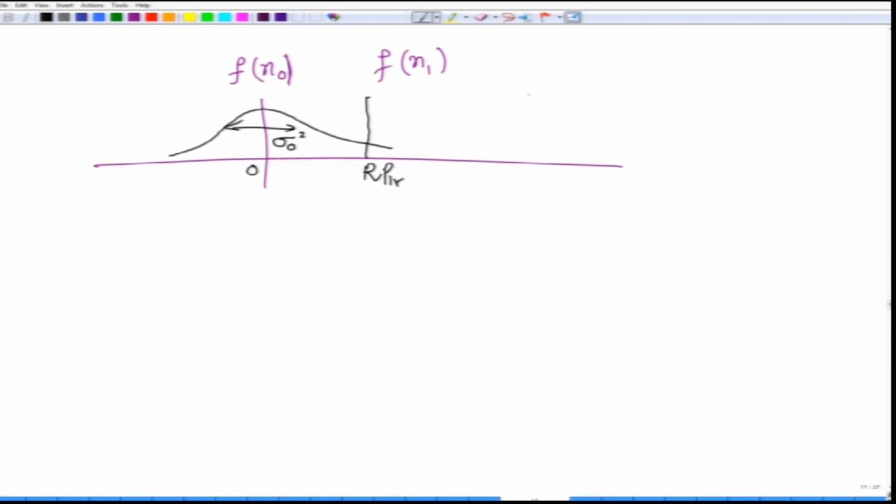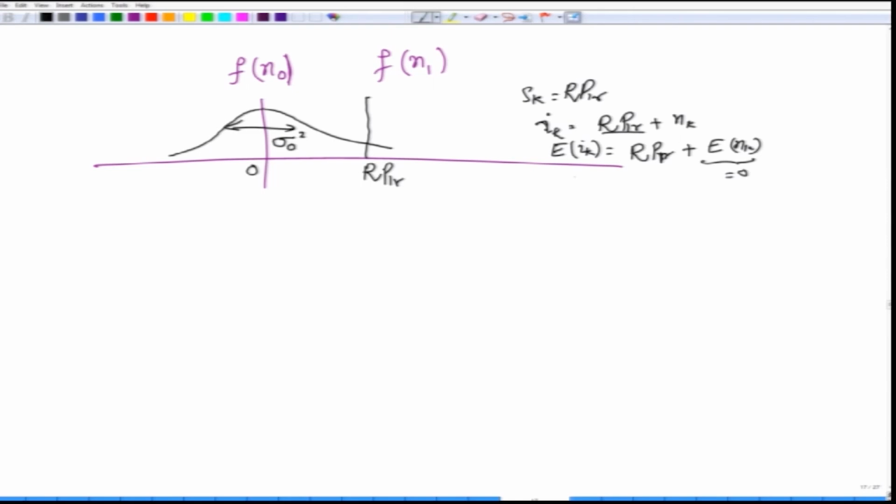Why is this so? Go back to Sk. Sk is equal to R P1r when you have transmitted bit 1. So, the received current Ik will be given by R P1r plus the noise component. And what is the average value of this Ik, which is obtained by taking the expectation? Since this is a deterministic quantity, this would be just R P1r, plus the expectation or the mean value of the noise voltage, but this is exactly equal to 0.